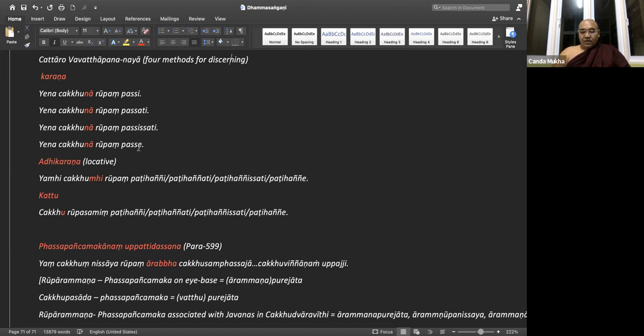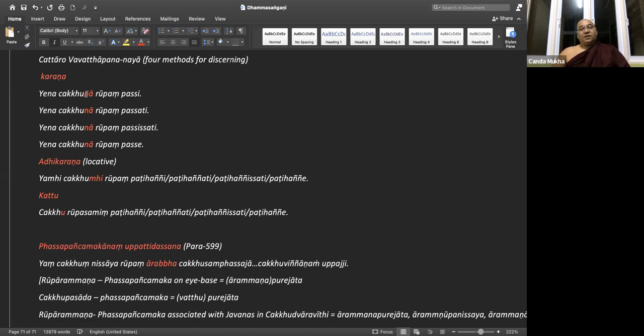So go to paragraph number 597. Idāni, now, in that paragraph you can pay attention to "cakkhunā". Yena cakkhunā is in the karaṇa sādhana, the instrumental case.